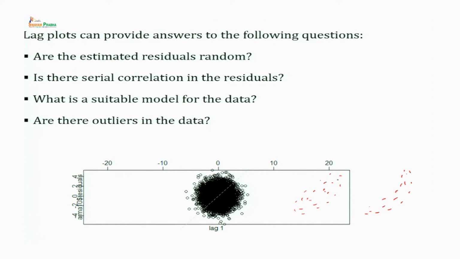These residuals show some kind of pattern. But here in this graph, these residuals show no pattern. These residuals are just randomly distributed. So, you can say that these estimated residuals just follow a purely random process.